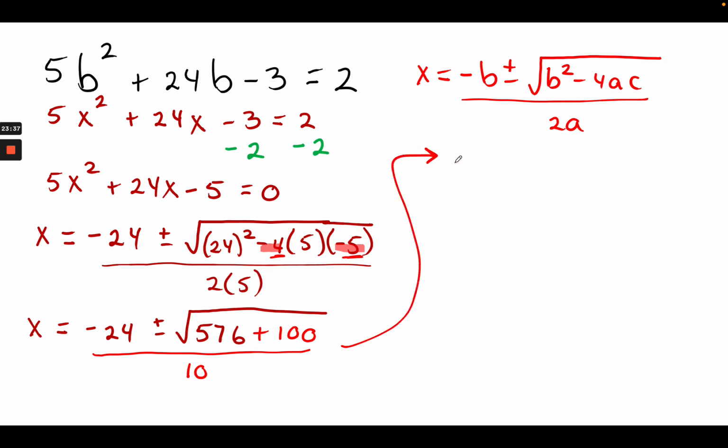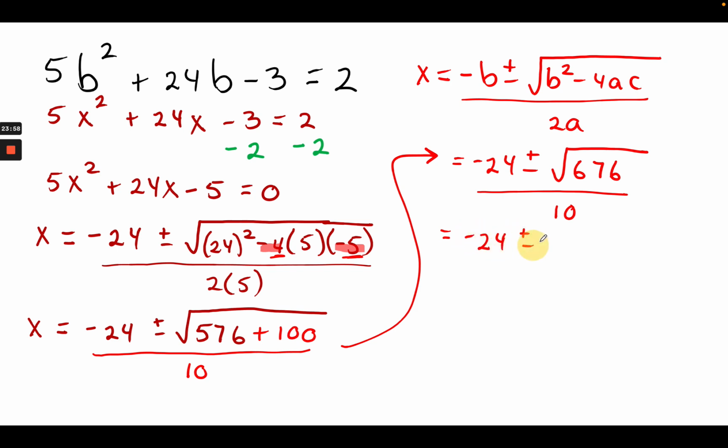So we get negative 24 plus or minus the square root of 676 all over 10. So do we know the square root of 676? That's actually equal to 26.